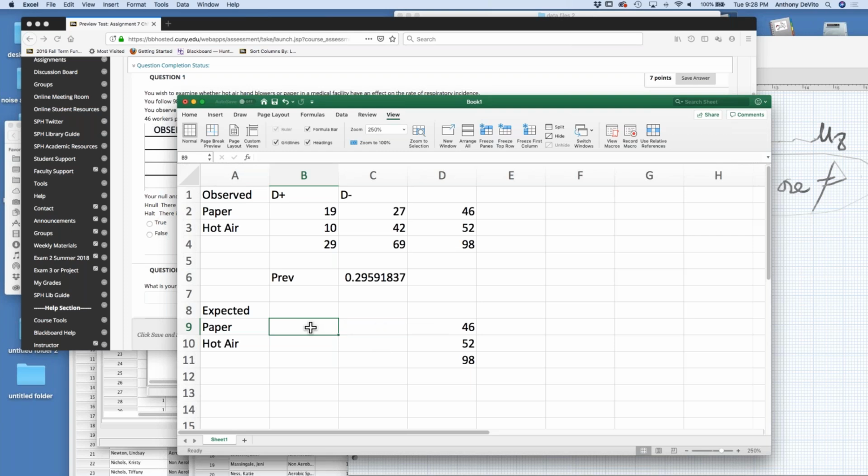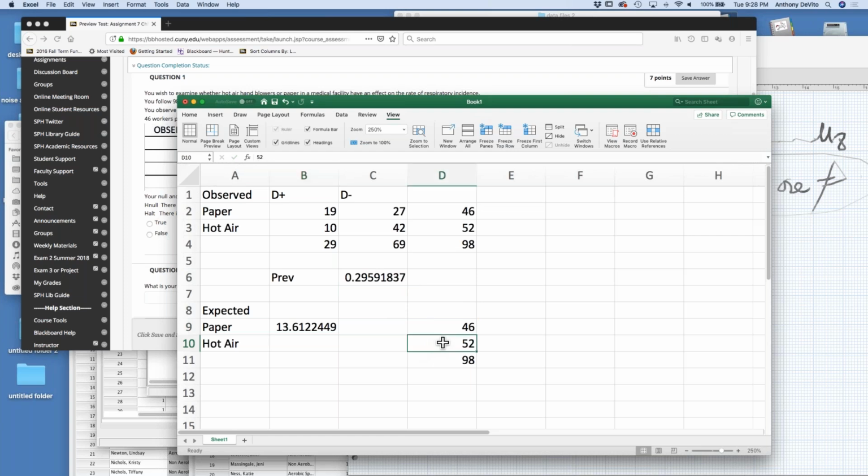How many people would I expect to get sick if I used paper, if everybody got sick at the rate of about 29.5%? Well, this value in here is going to be equal to the 46 people times the likelihood that you would get sick if there's no difference between the two populations. So I would expect that to be 13.6.